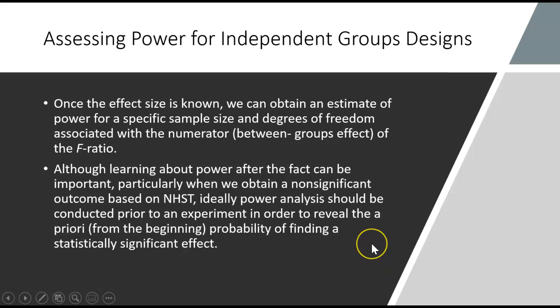Learning about the power numbers, the assessment of power after the fact, can be helpful, especially if you have a non-significant hypothesis test. So if on your NHST you have a result where p is greater than 0.05, and therefore a non-significant result, the power analysis can help you determine whether that might be due to your N being insufficient.